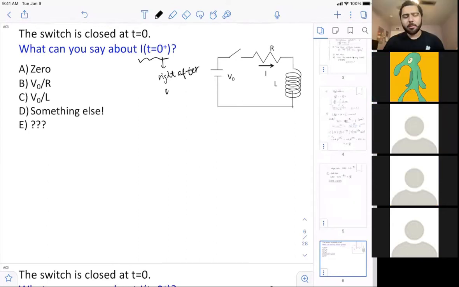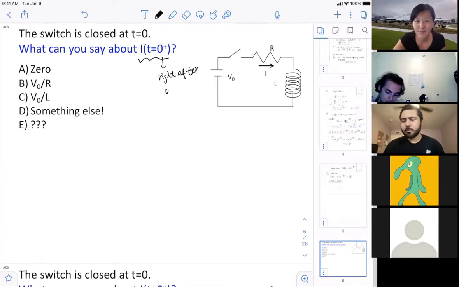There's an induced response. I'm sorry, what response? There's an induced response due to the inductor. The inductor will respond to that change. How would it respond to that change? There will be a potential in the opposite direction.